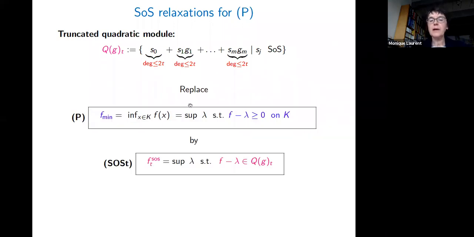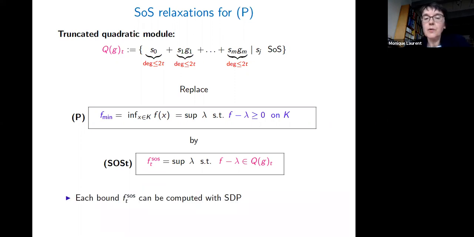In this way, we can define the SOS bound of order t, which is the largest scalar lambda for which the polynomial f minus lambda lies in the quadratic module truncated at degree 2t.